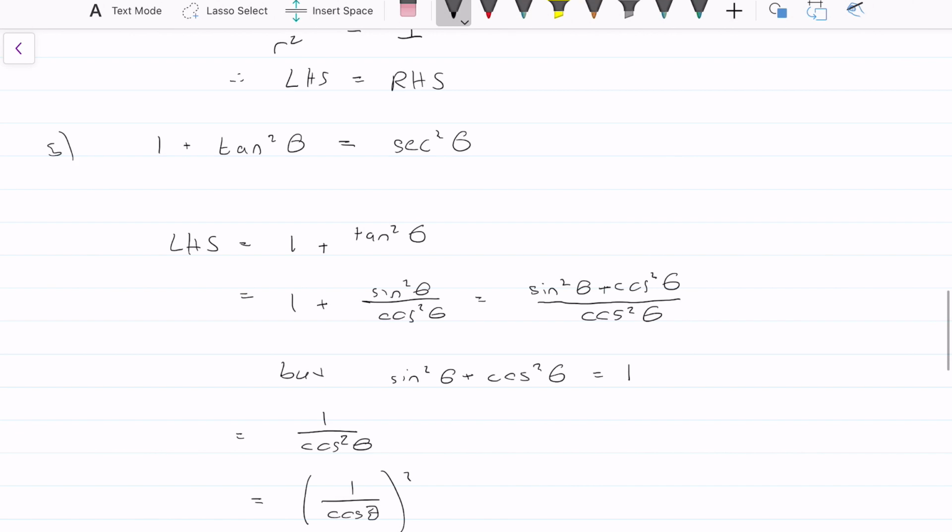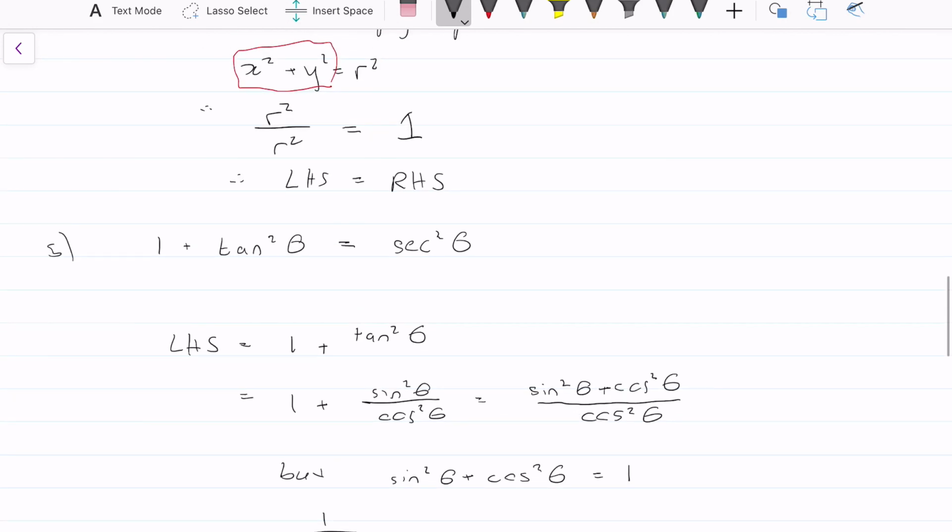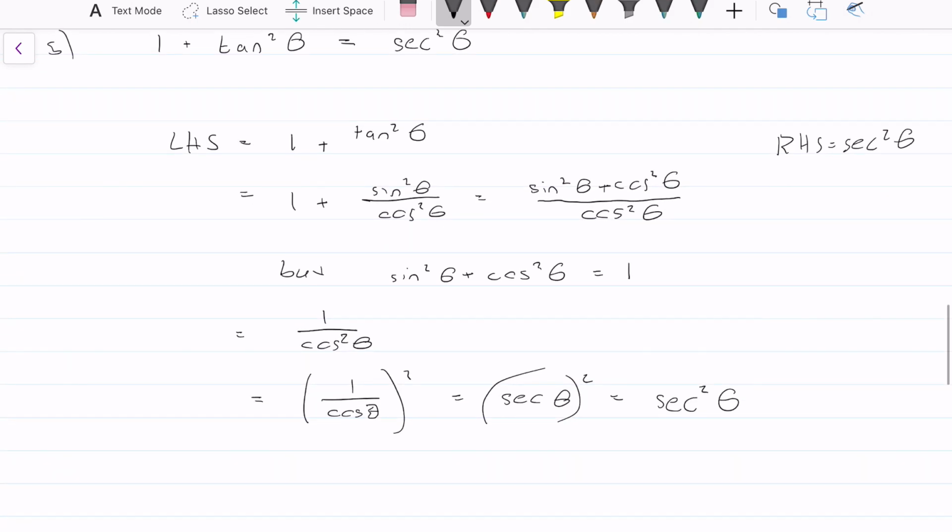And 1 over cos theta we know is sec theta, so it is sec theta squared, which is equal to sec squared theta. And our right hand side is equal to sec squared theta. So we've proven that the left hand side is equal to the right hand side.